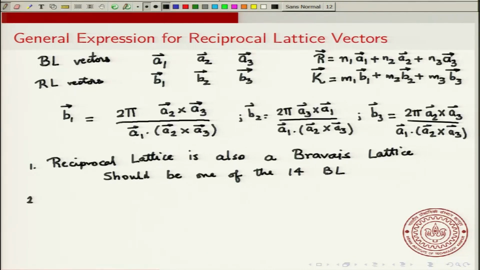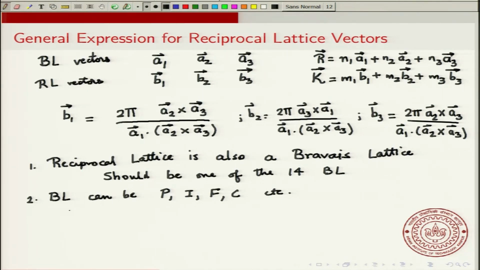The second point is that a Bravais lattice can be primitive, body centered, face centered, C centered, etc. So, the reciprocal lattice can also be any of these.